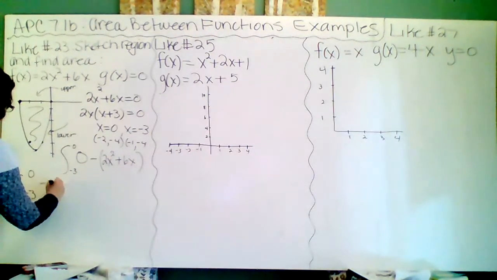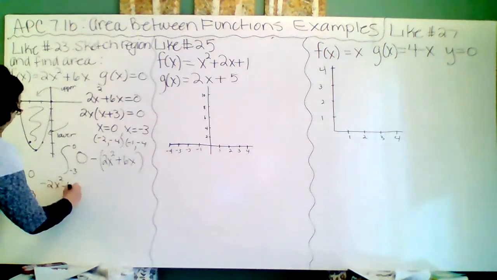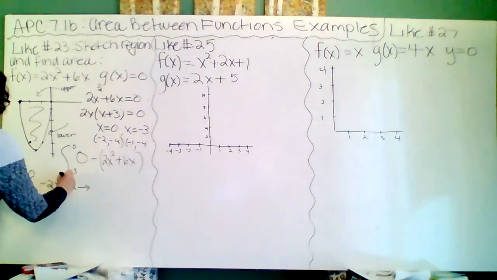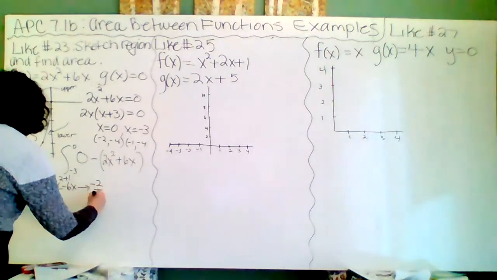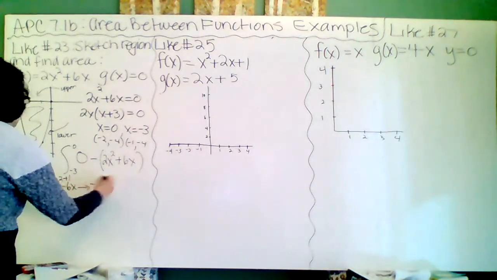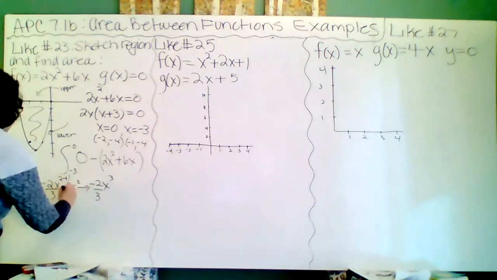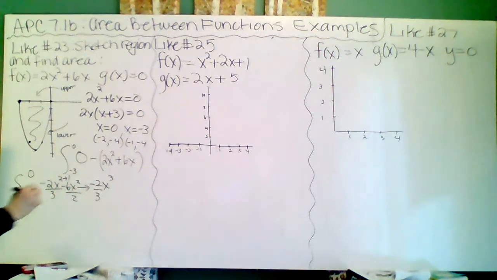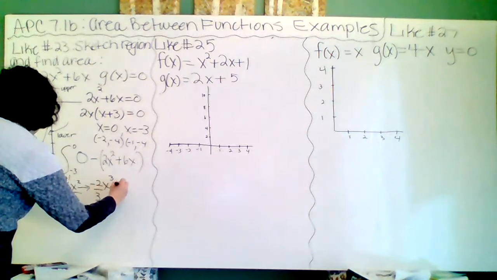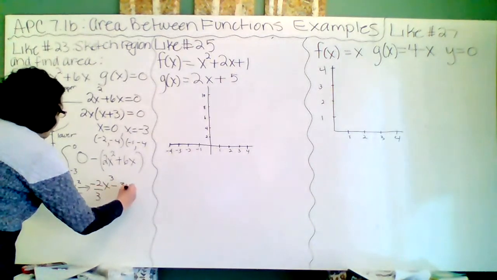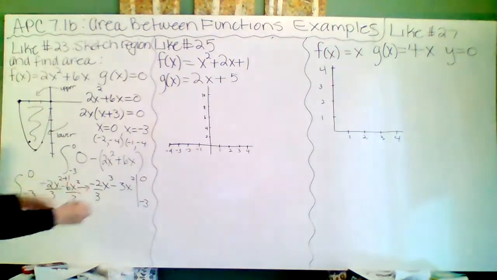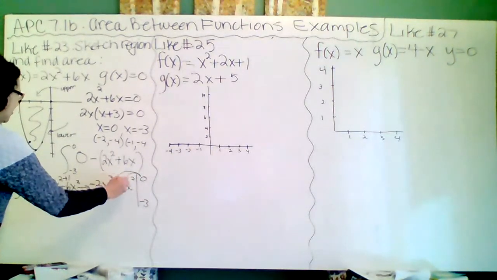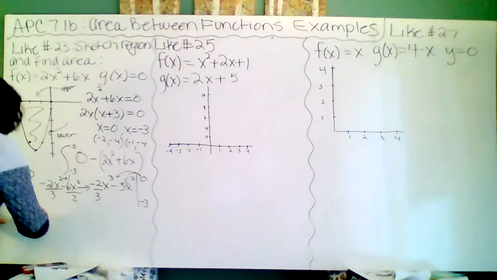Negative 2x squared minus 6x. I'm going to add 1 to the exponent, divide by the new exponent. That's a negative 2/3 x cubed. Add 1 to the exponent, divide by the new exponent. That's a negative 3x squared. And I'm going to evaluate that from negative 3 to 0. On my f of b, when I put a 0 in, I get a 0 out.